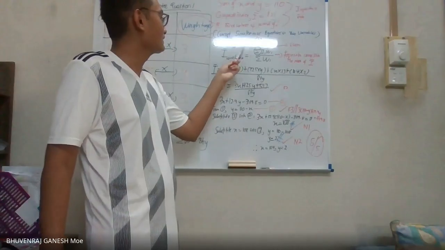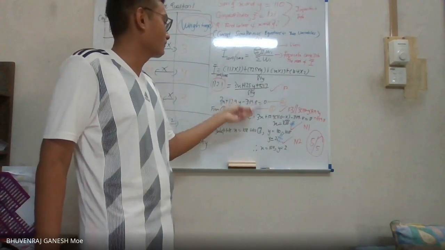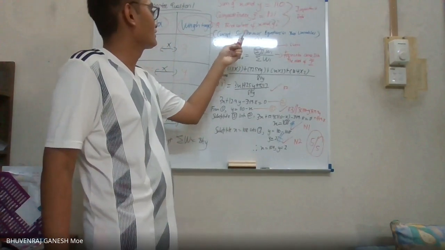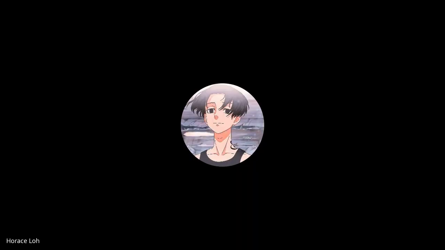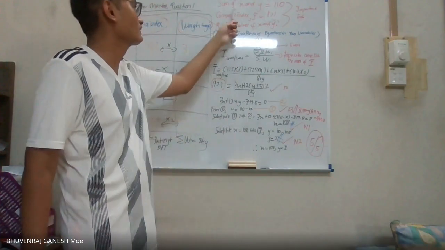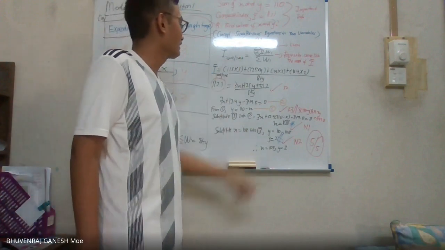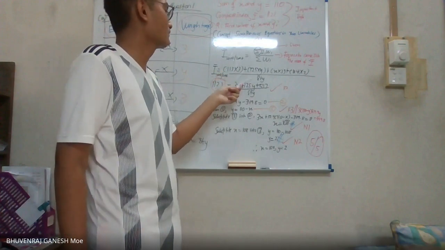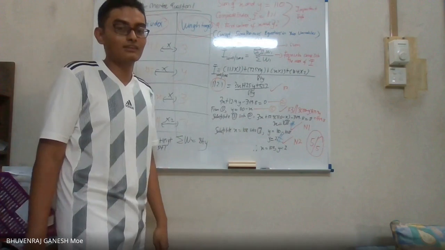Here you can see I labeled where the marks are allocated. The first mark is when you can form x plus y equals 110, because that is the step of forming an equation from the given info. That is one mark. The second is how you use this formula. Always show this part, how you substitute the values, because that is where the marks come from.